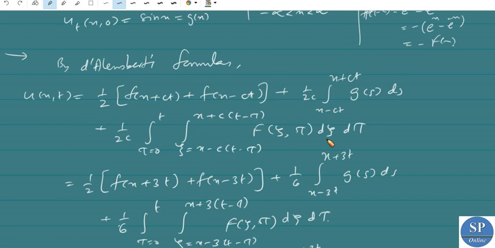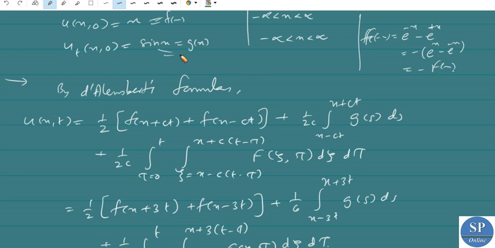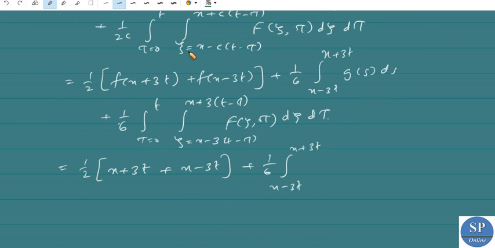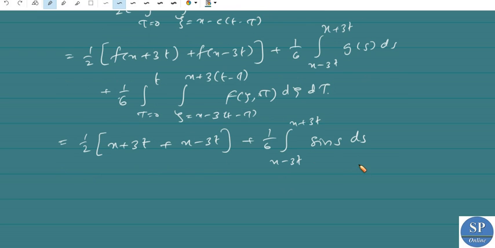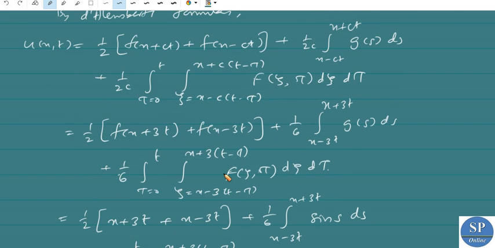Here g of s, g is equal to sin x, so we have sin s ds plus 1 by 6 integral tau from 0 to t, zeta equal to x minus 3 into t minus tau to x plus 3 into t minus tau, f of zeta comma tau.